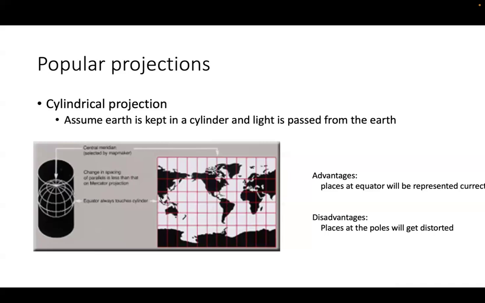Both are islands, but Antarctica looks much bigger than Australia. So this is the drawback. The places at the poles, even Greenland, look so big, but they are very tiny countries. This is the problem. So how do we solve it?